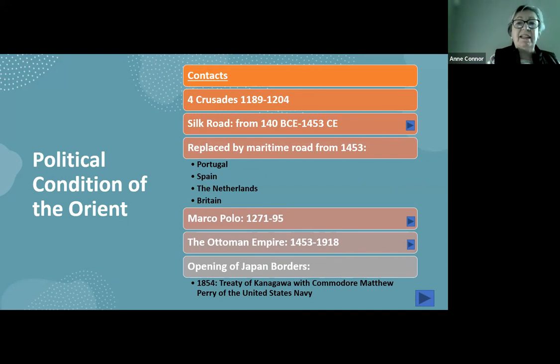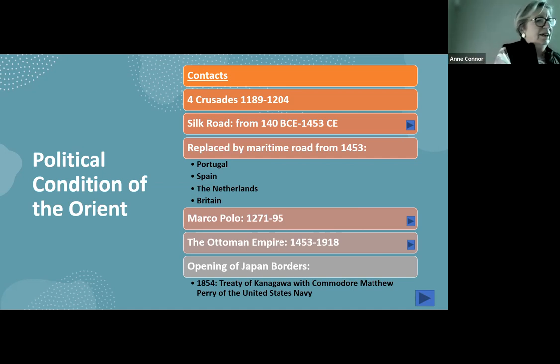The Silk Road, of course, the very famed Silk Road that was used from 140 BCE, before Christ, to 1453, which is the year of the conquest of Constantinople by the Ottomans, that stopped that trade because the Europeans didn't want to go through it.